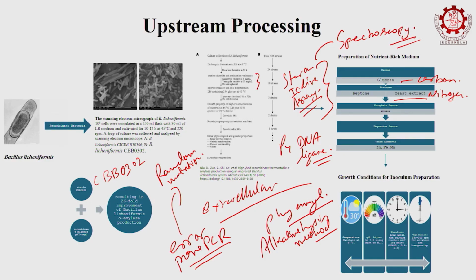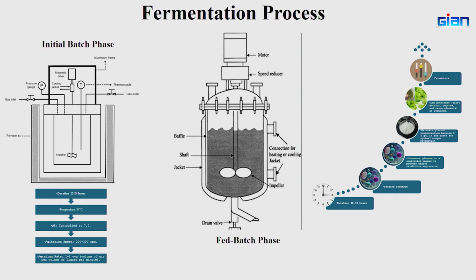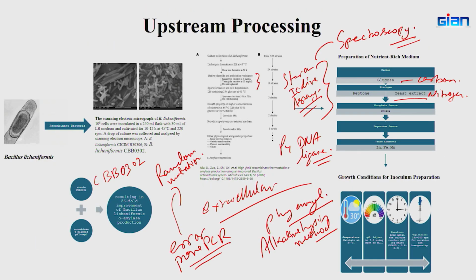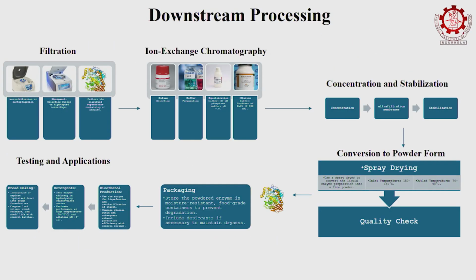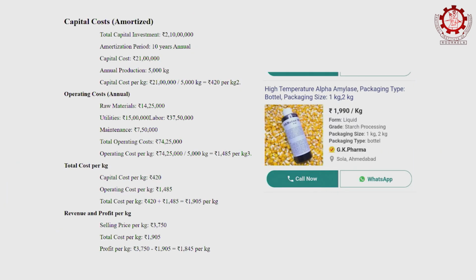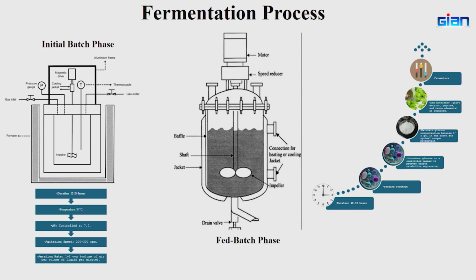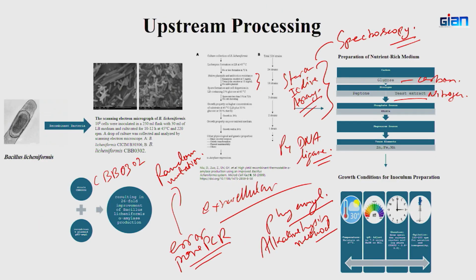First, we test thermostability by incubating enzymes at 70 degrees Celsius for 30 minutes, because I am using Bacillus licheniformis, which produces the alpha amylase in the culture media. Then we measure the residual activity using the DNS assay method.